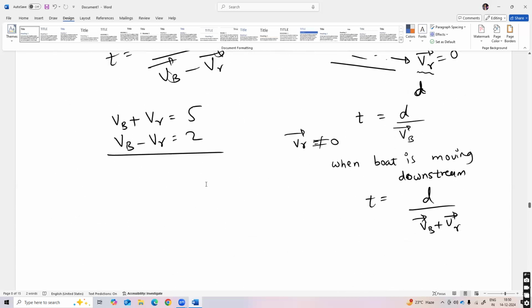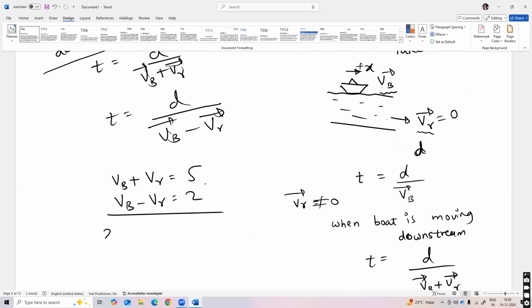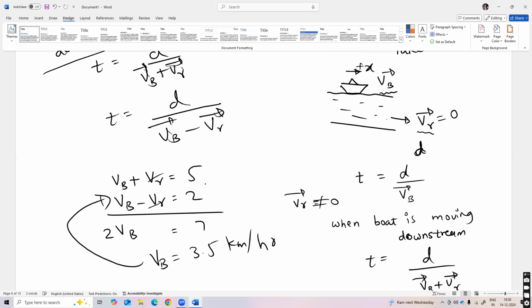If you add these two equations, you will get 2 vb is equal to 7, vr gets cancelled, so vb is equal to 3.5 kilometer per hour. If you put this value of vb in any one of these equations, you will find vr is equal to 1.5 kilometer per hour.